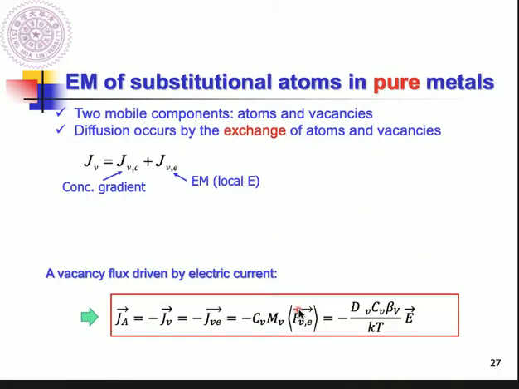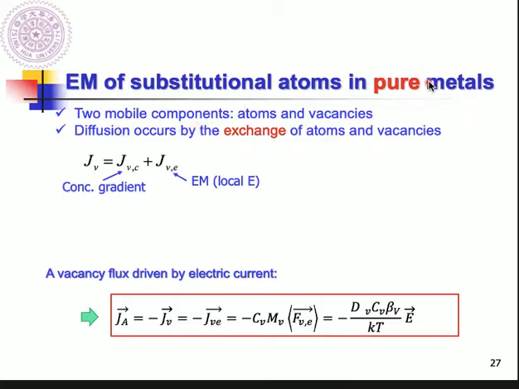And how about the other case, if we talk about the pure material, and the atoms we talk about are not interstitial diffusing atoms, but substitutional atoms. As you know, in pure metals there are only 2 components.